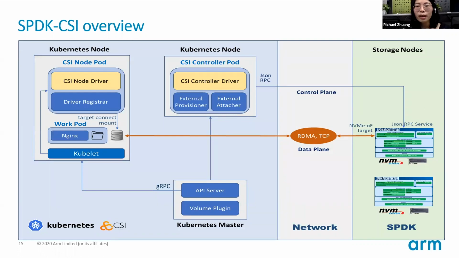This picture is the SPDK CSI overview. It mainly contains 3 parts. This part is a Kubernetes cluster with one master and 2 workers. This worker runs a CSI node driver and a work pod running the engines, and this worker runs a CSI controller driver.